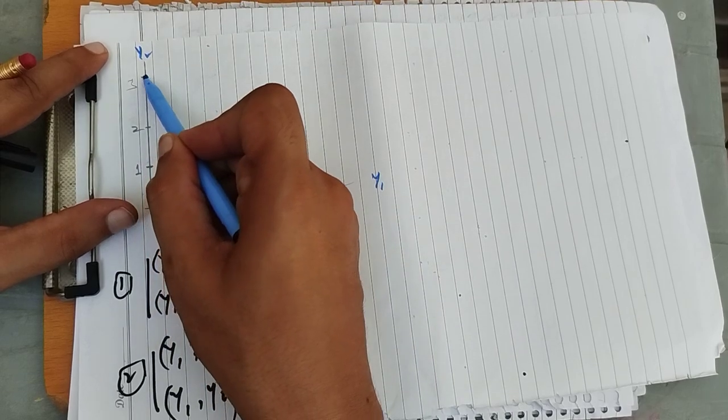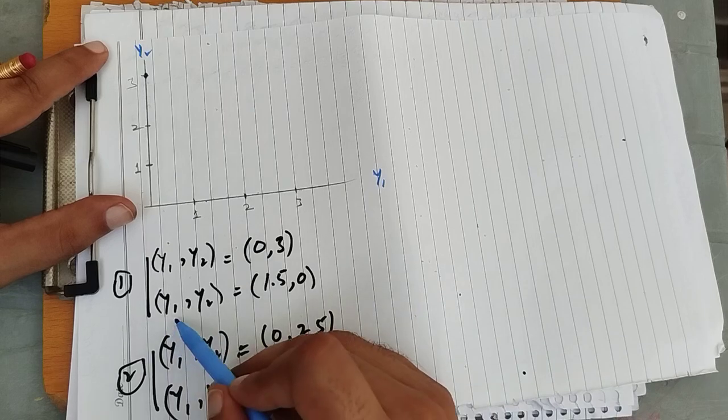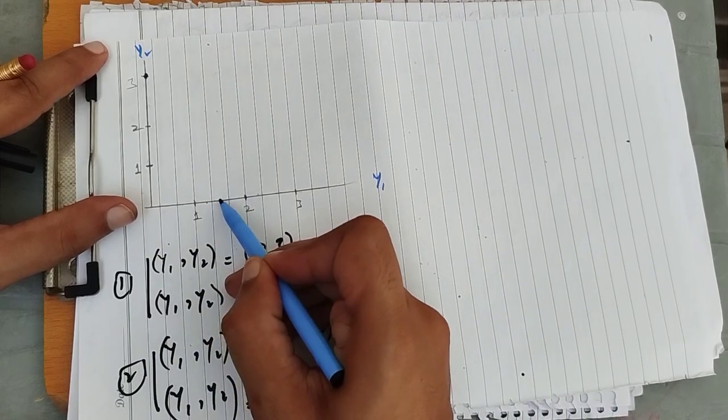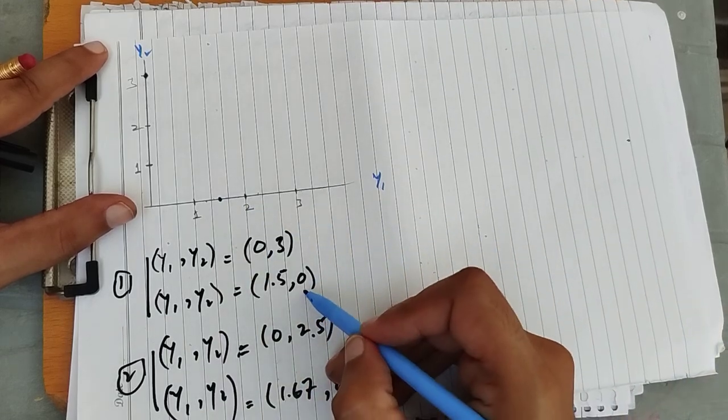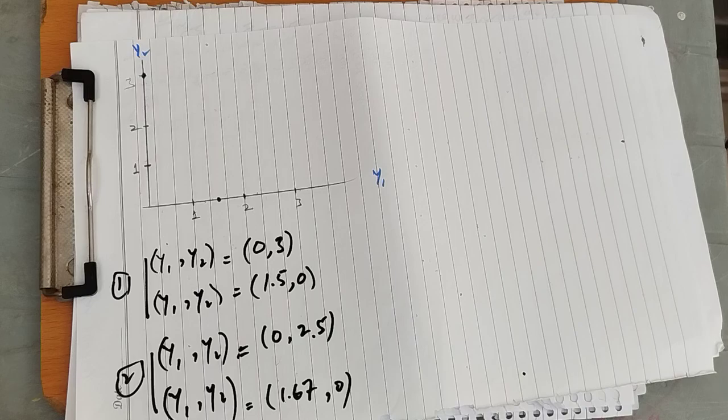It is there. Another one is y1 is 1.5, it must be here, and y2 is 0. So it must be here. So we need to draw it. Well, let's draw it.